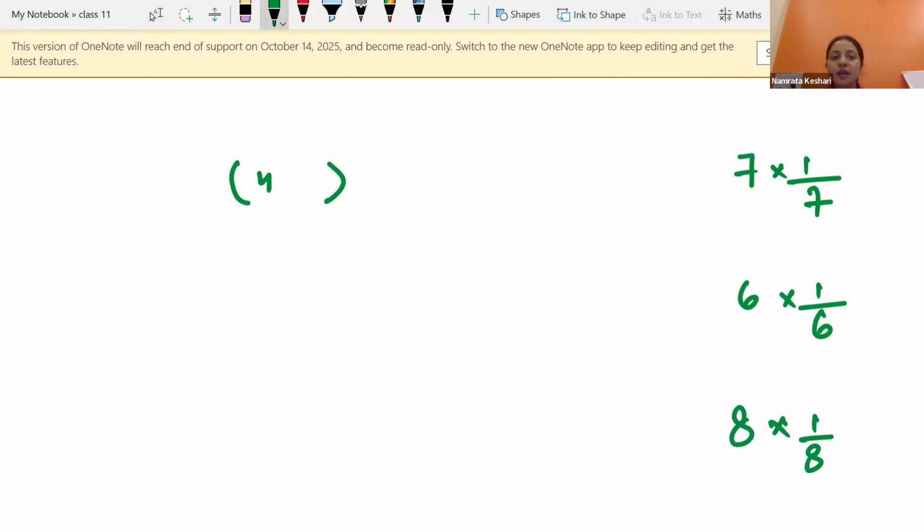The multiplicative inverse of this complex number will be 1 by 4 minus 3i, right? This much is clear to all of you, that the multiplicative inverse of 4 minus 3i will be 1 by 4 minus 3i. Yes or no?